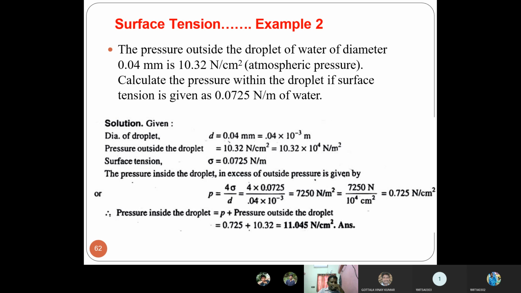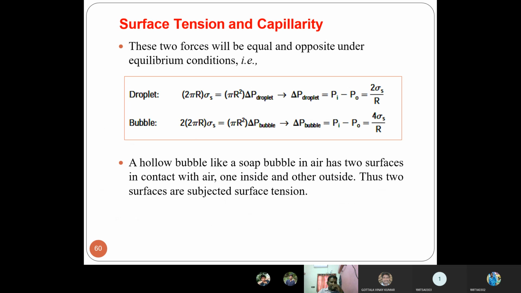Understand, this is not a bubble. This is a droplet. So P is equal to 2 sigma by D. How did this come? Once again, go back to that slide.